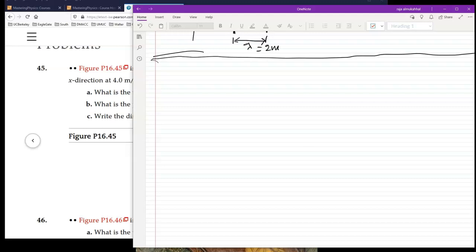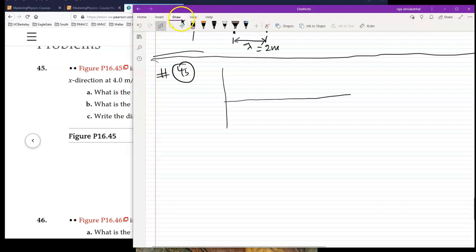Okay, the graph looks something like that. I'm going to copy it from my notes. Sorry, whoops, where did this go? Oh, that, let me just, doesn't look pretty.